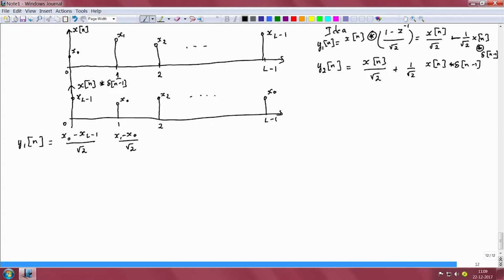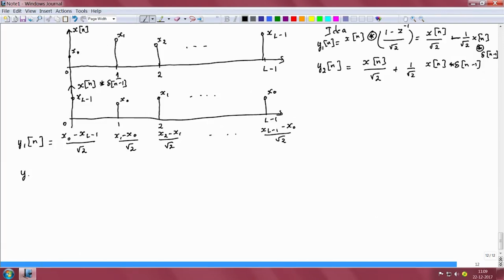Here, yeah, there is a typo. So, this is x 1. Here we have x 2 minus x 1 by root 2, and the last one is going to be x L minus 1 minus x naught by root 2.